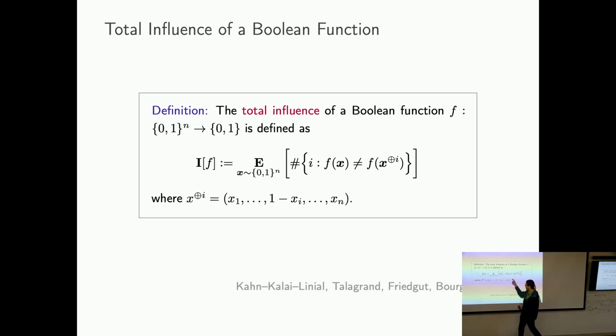And if you take the average of this quantity, you get this thing called the total influence. It's a very natural isoperimetric notion, if you think of the Boolean hypercube as a graph. It shows up in social choice and economics, had its origins in voting theory, and it's used everywhere in Fourier analysis now. And there's a really nice line of work starting with this cool paper of Kahn, Kalai and Linial built around this notion of influence.